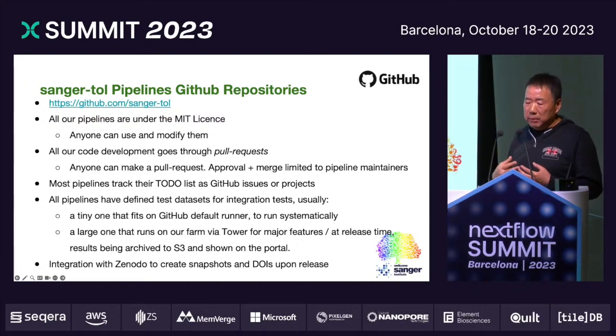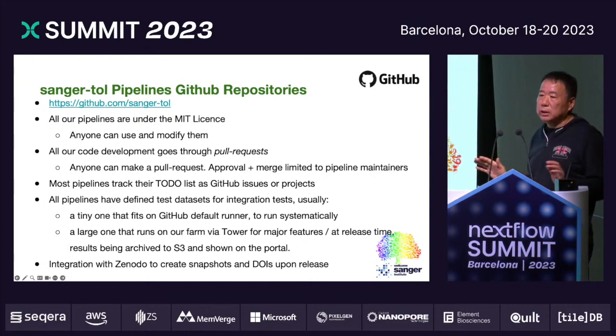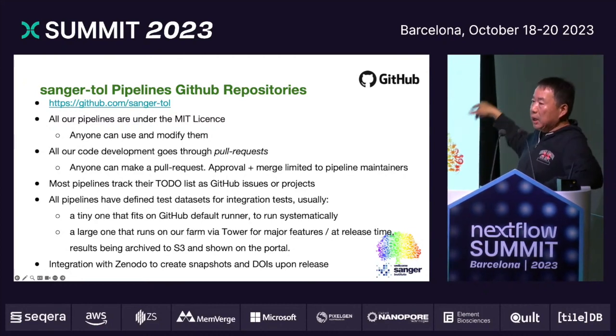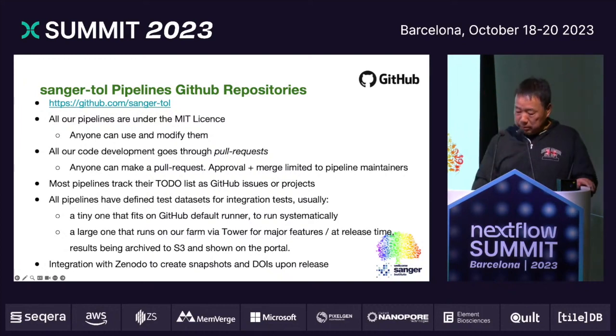This makes sure our pipeline is fully tested in our environment. Then we archive the results to the Sanger S3 and show them in the pipeline web portal. So you can come here to look at our pipelines as well.